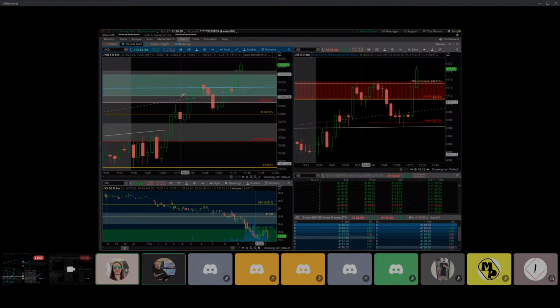Alright, next setup I'm going to be looking for is a retest of that 4116 level, which we will need some pullback. I mean, we're leaving a lot of liquidity from 4115 to where we are now. As long as we close above near here, like 4117, 4118, NQ's still strong. I love that. That's great.